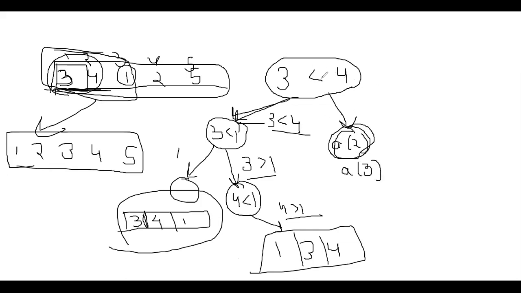If index 1 is smaller, then we compare A of 1 with A of 3. Does this make sense? If we go by this route, after n minus 1 operations, I will have the minimum element that I want to find.